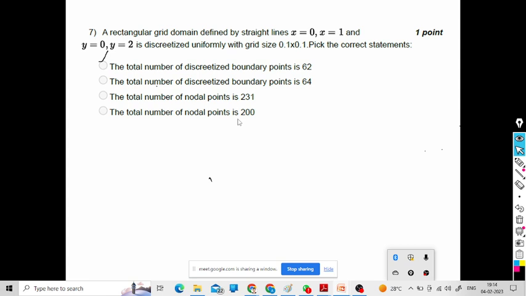So this is our rectangle. Fine. So let's first draw the grid size at 0.1 cross 0.1. What that means is, from 0 to 0.1 you will have one line, one grid over here.